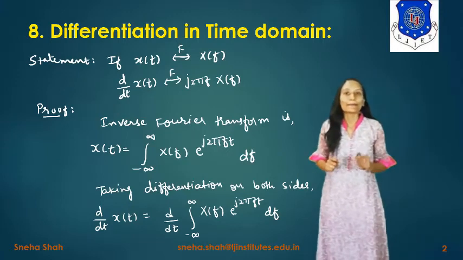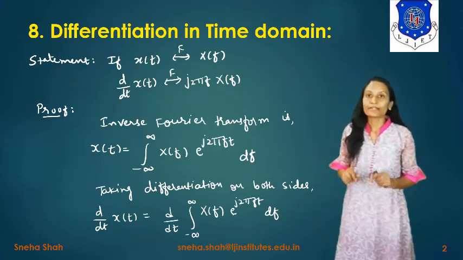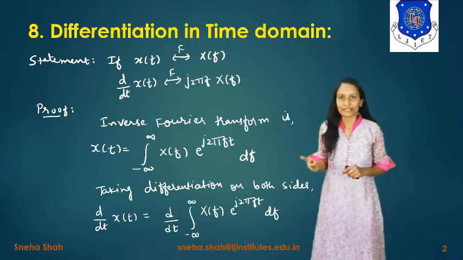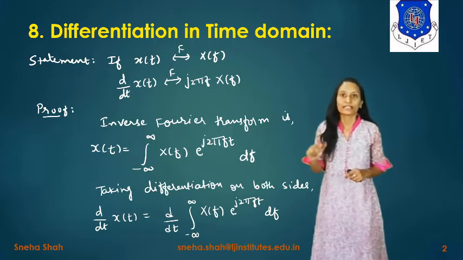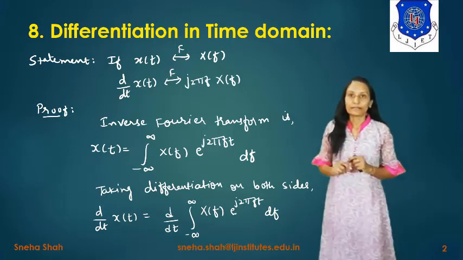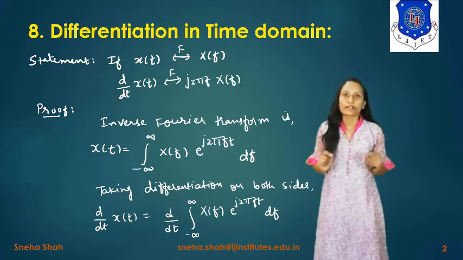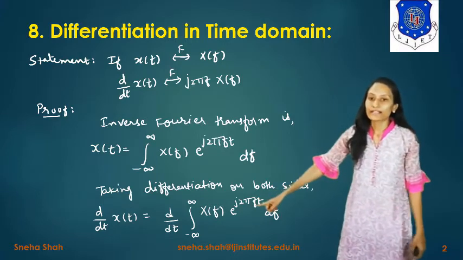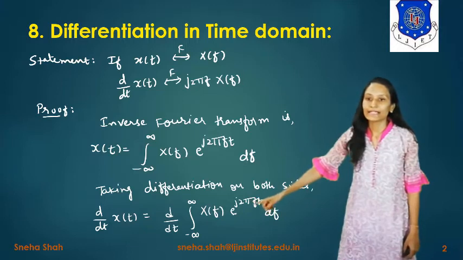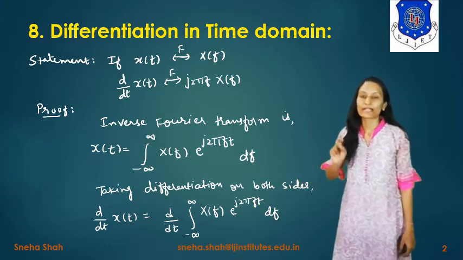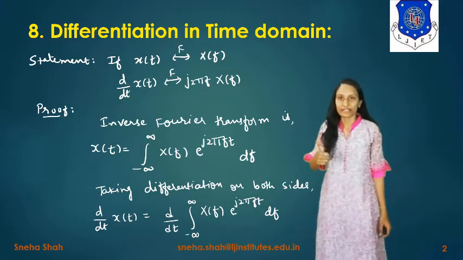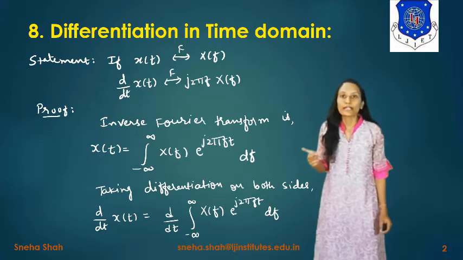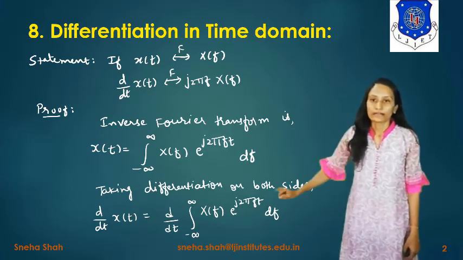Now here we will apply one rule: if there is a differentiation and an integration, or a summation, we can change the order of it. As you know, the term is d by dt and an integration, which means we are taking two different operations, differentiation and integration. So we will change the order of it.